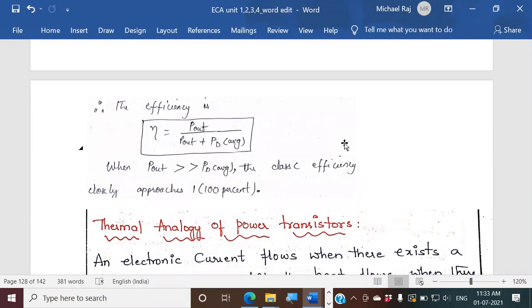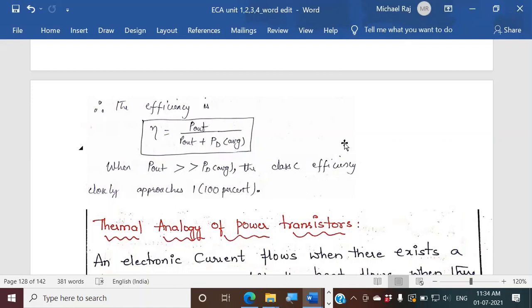Now let us take some very basic examples. Let us take a hot body and a cold body. When you join these two bodies together, the heat transfer will take place from which body to which body?